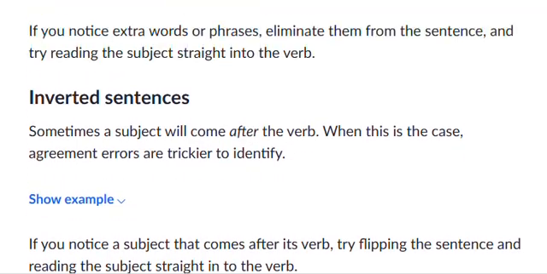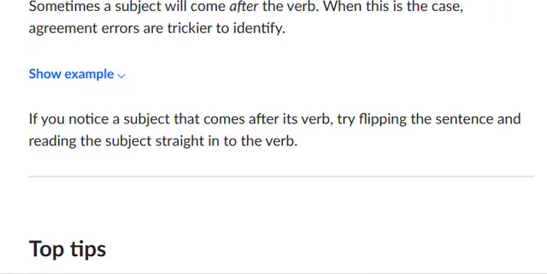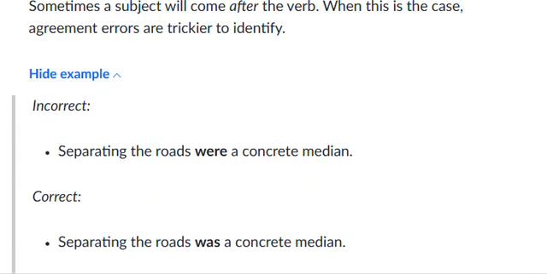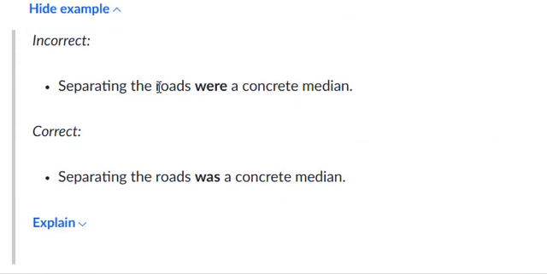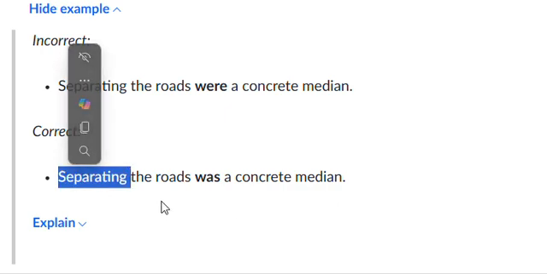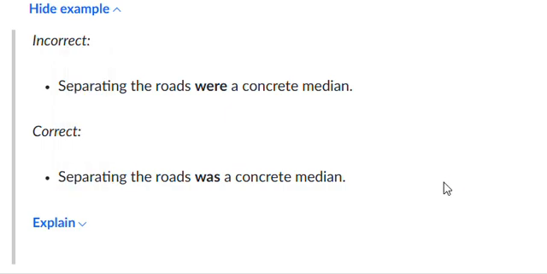There will be this extra information between the sentences, and there could also be inverted examples. For instance: "Separating the roads were a concrete median." In these sentences, the main verb comes before the subject, which confuses the person. "Separating the roads was a concrete median" is the correct one.